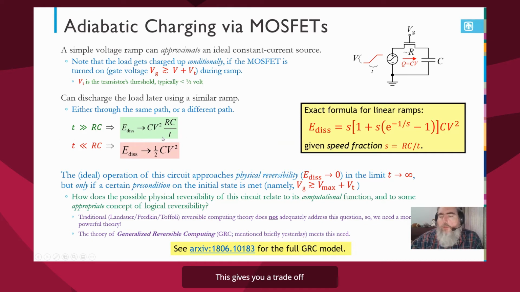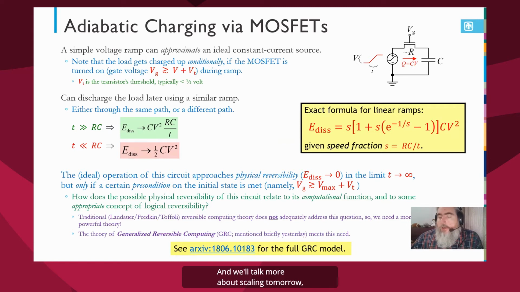So this gives you a trade-off between the performance per unit hardware and the energy efficiency, which translates to performance per unit power dissipation. And you find that as hardware gets cheaper, it's advantageous to start trading off more hardware to gain energy efficiency.